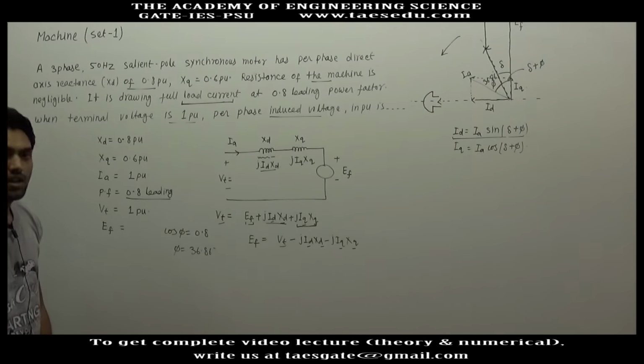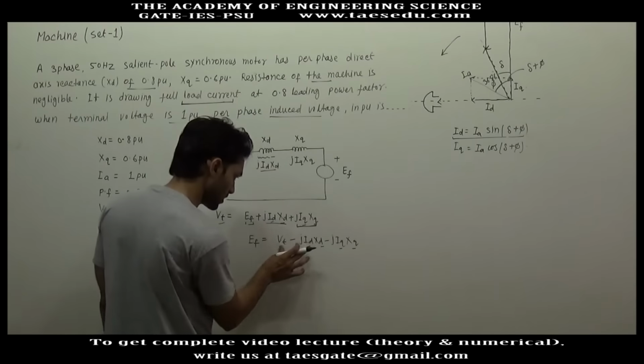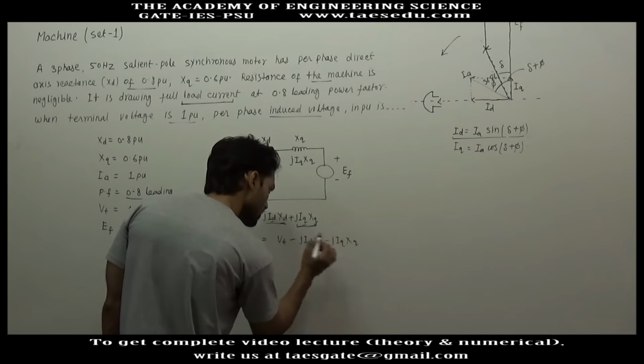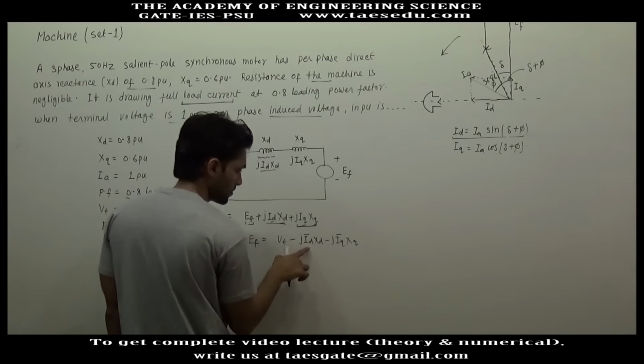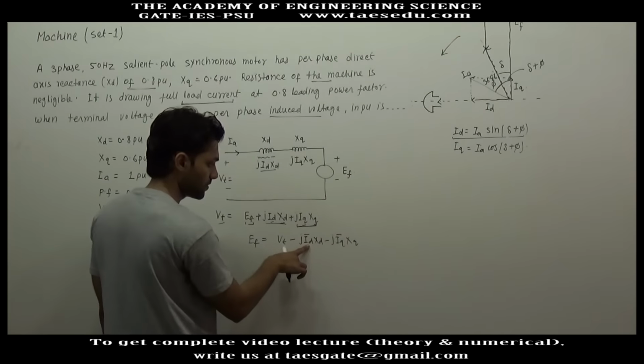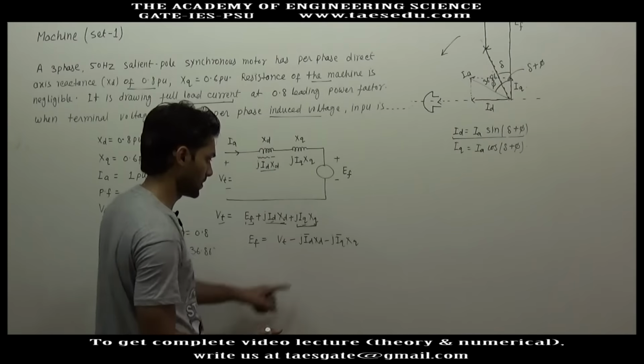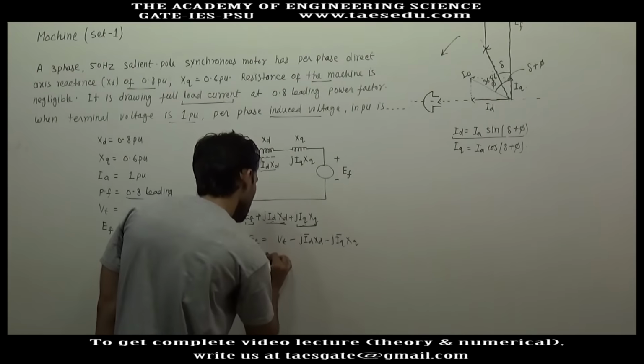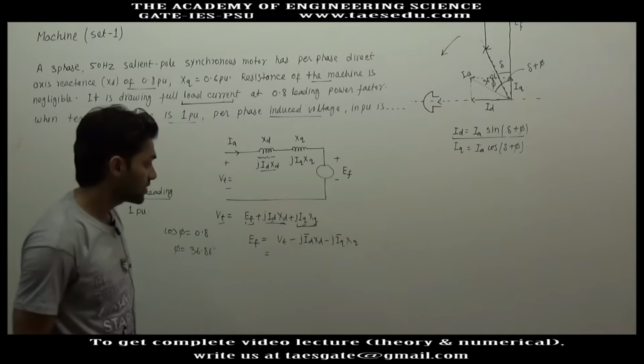But in the theory lecture, what we have studied, if we slightly modify this equation, how will we modify? These are vectors, these are not magnitudes of Id. This is the phasor of current Id, phasor of current Iq. So let us do some modification as we did in the theory lecture.